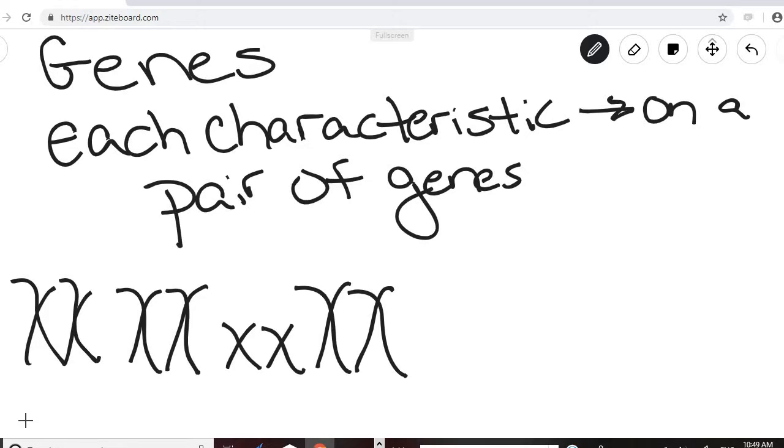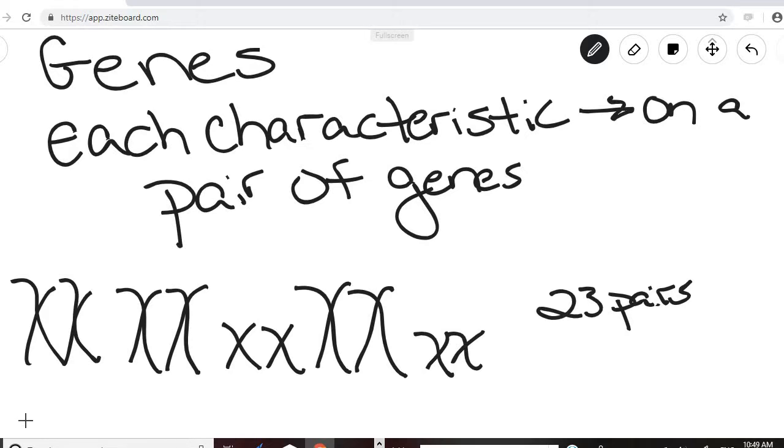Homologous means these 2 are alike, these 2 are alike, those 2 are like each other, etc. So humans would have 23 pairs of chromosomes, and we said that of those 23 pairs, 1 pair determines whether you are male or female. The others determine other traits that you have.